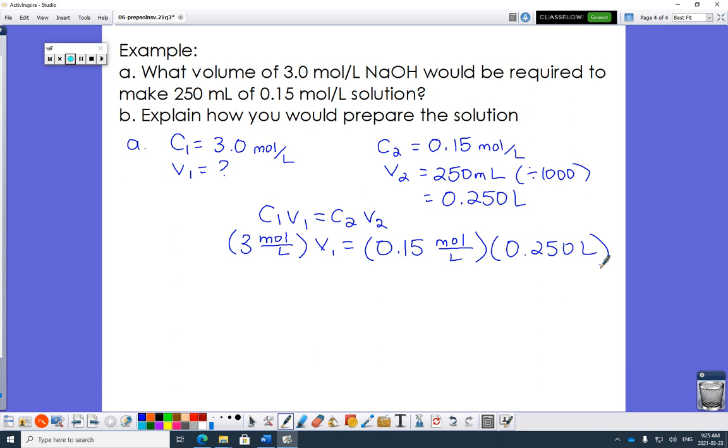You can choose to rearrange the formula first or plug in the numbers and then rearrange. It's kind of up to you. So you're going to do 0.15 times 0.25 divided by 3. And you should get 0.0125 liters.